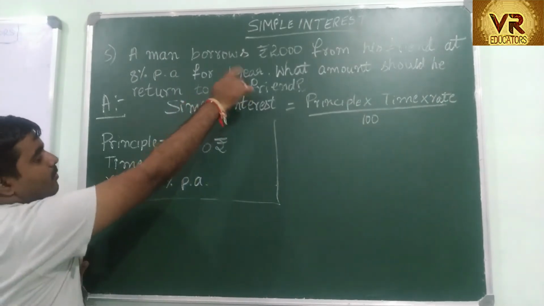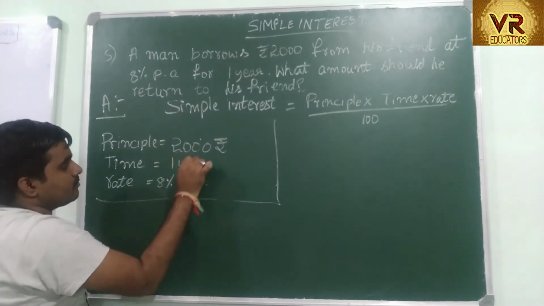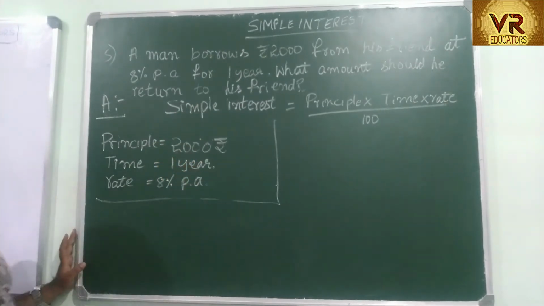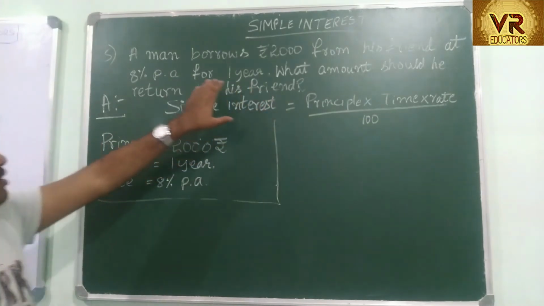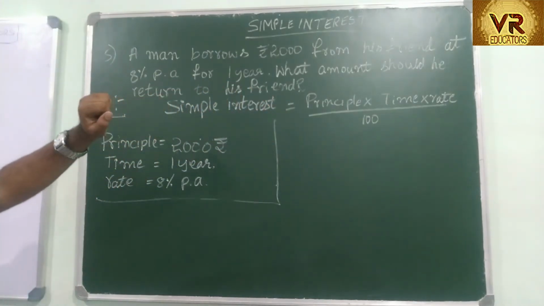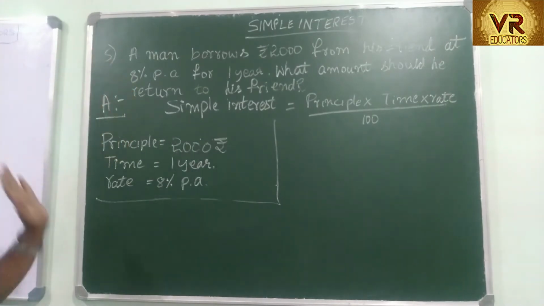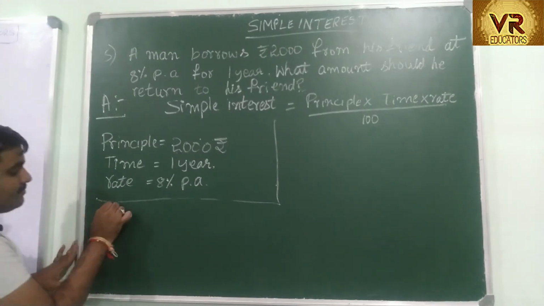Time is 1 year. Now what amount should he return to his friend? Amount means we have a separate formula, right? So what is the formula for amount?